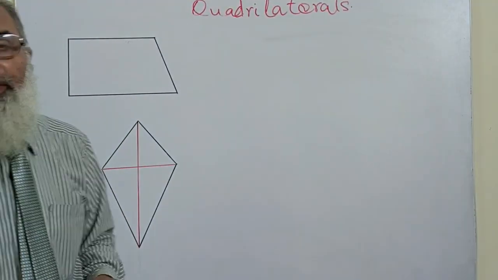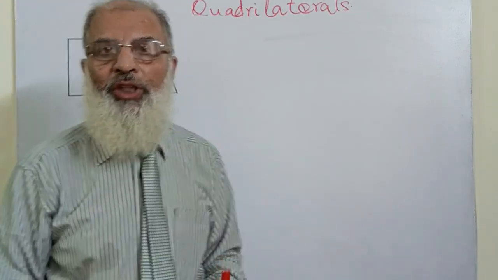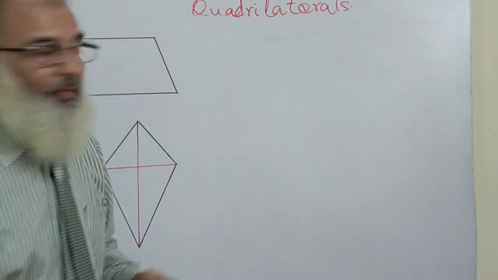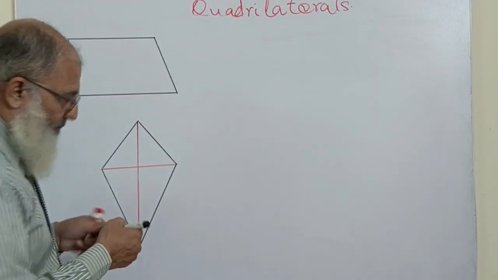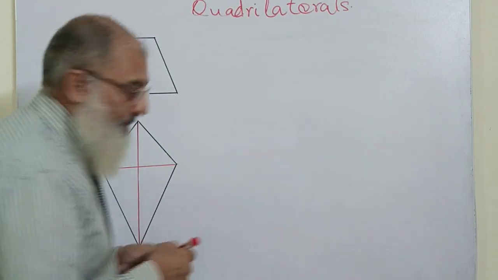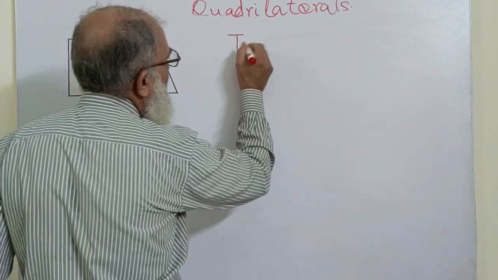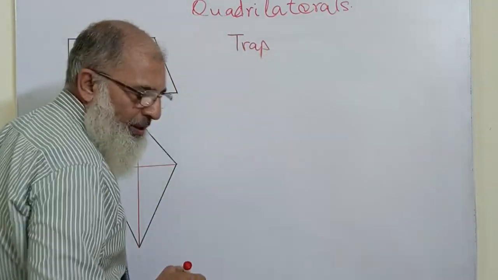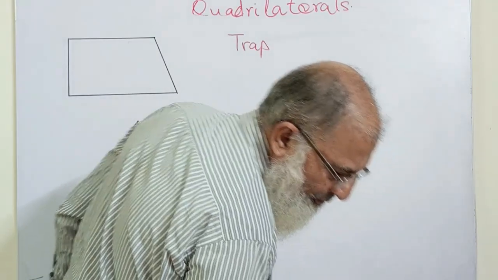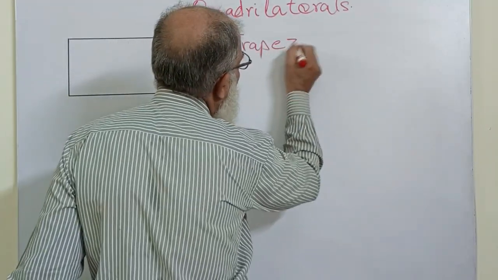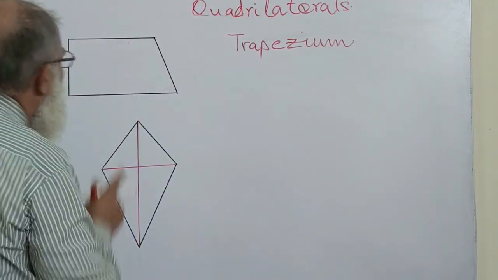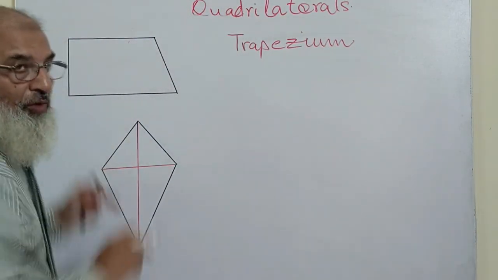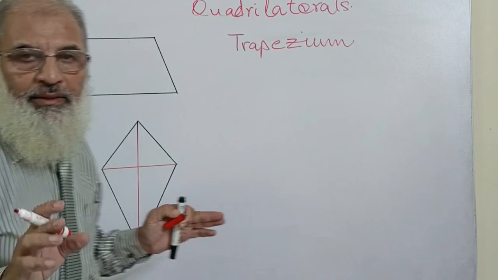Now, my dear students, we have come to the end of the quadrilateral shapes, and our next is trapezium. What is it? Trapezium. Now it has a very unique property, that one of the two sides.